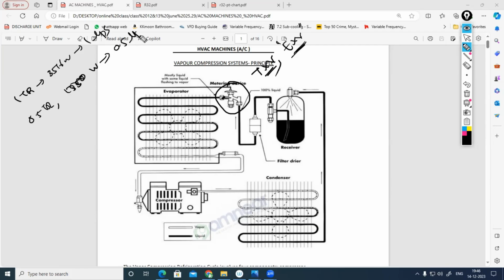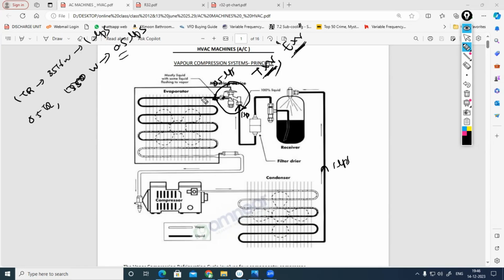We need just 0.5 liter per second. In that scenario, from the condenser, 1 liter per second of refrigerant will come. Until here it is 1 liter per second, but after the expansion device, if it is a thermostatic or electronic expansion valve, the rate of flow of refrigerant will decrease from 1 liter per second to 0.5.